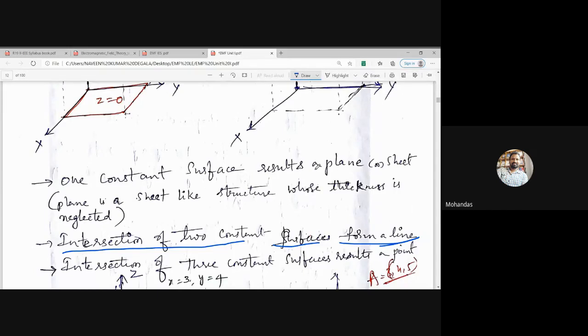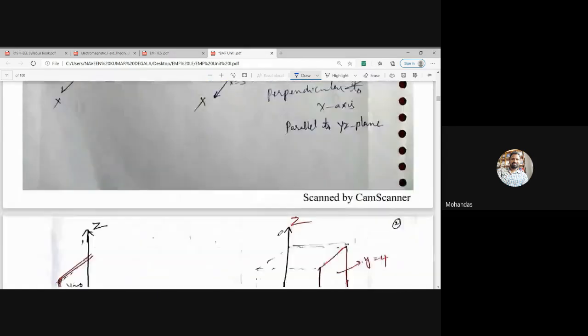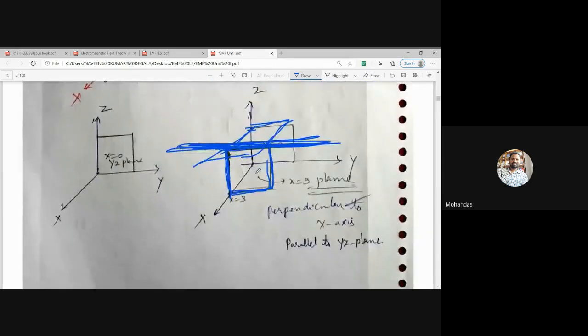Once you understand these things, now if you take z equal to 3 and x equal to 3, we can form a line like this. Can you guess which axis this line is parallel to? The y-axis.